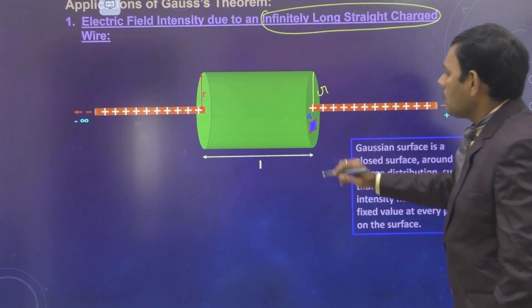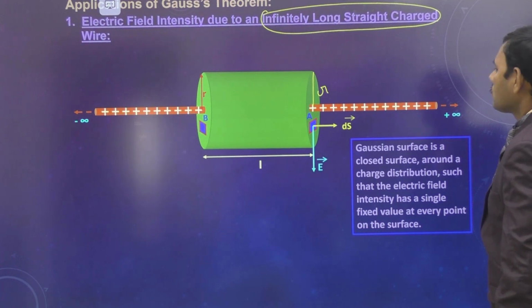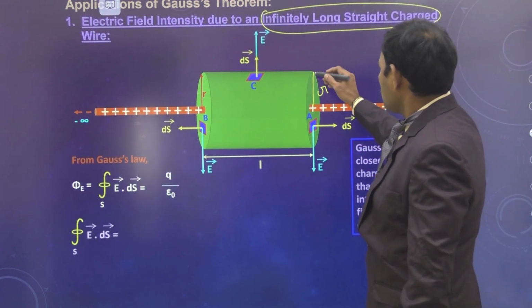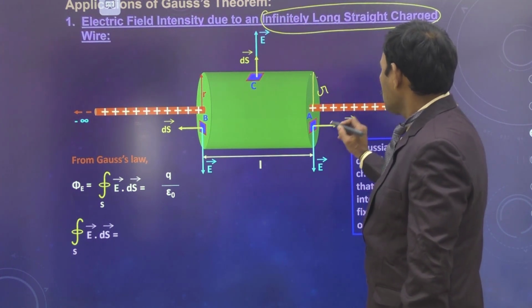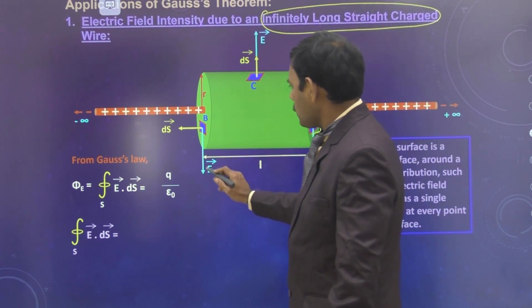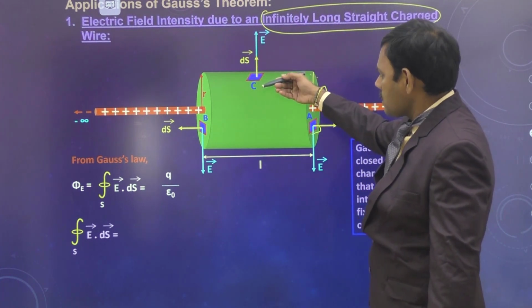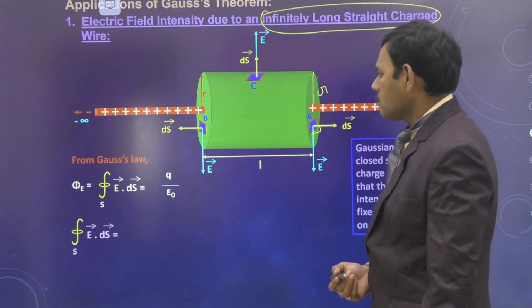and the length of the cylinder is L, and we have three areas in it. This is the flat area for which E bar and ds bar are perpendicular. For this flat area also E bar and ds bar are perpendicular. For the curved area of the Gaussian surface, E bar and ds bar are parallel.